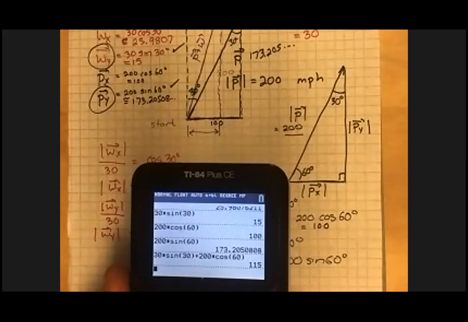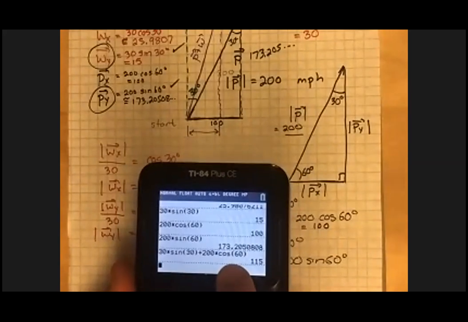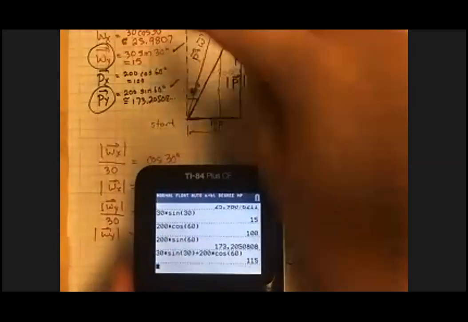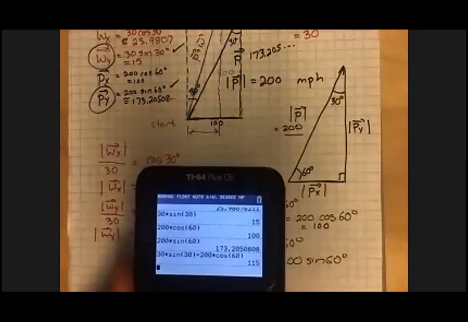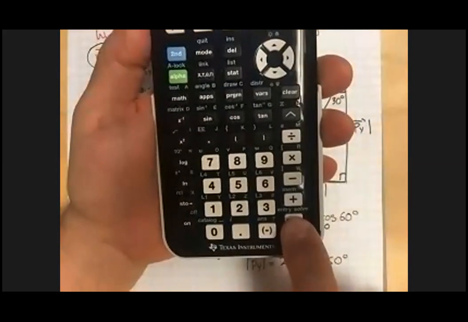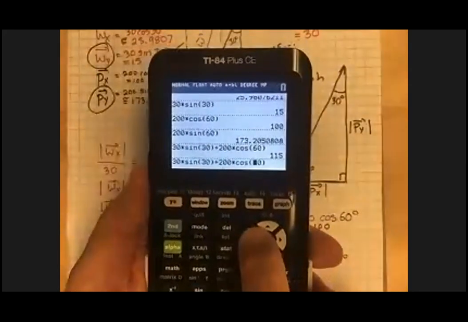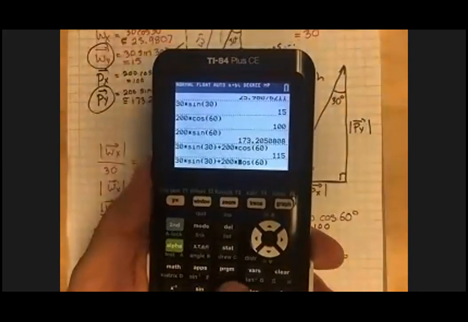Okay, I got something different. So what did I do? I wanted 200 sine 60, not 200 cosine 60, my fault. So go back here to last entry, second function entry, and then I could change that cosine to a sine.